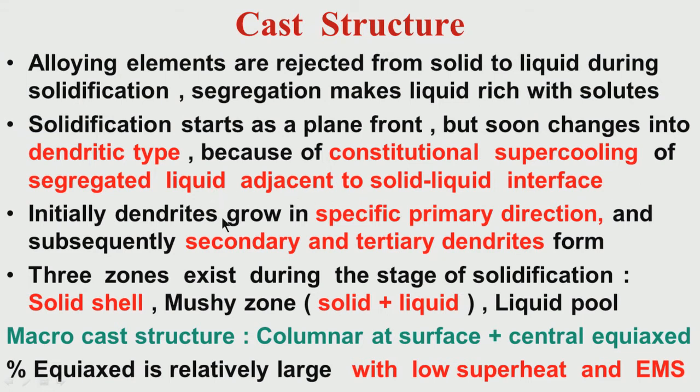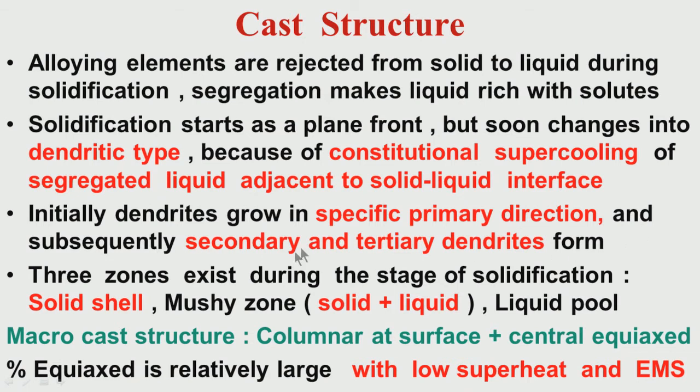Initially these dendrites grow in a specific primary direction. In which direction will they grow? Number 1, they will try to grow in the direction of heat transfer. Number 2, in the crystal, the typical directions are, say, 1, 0, 0 in cubic crystals; the dendrites will grow in those directions.